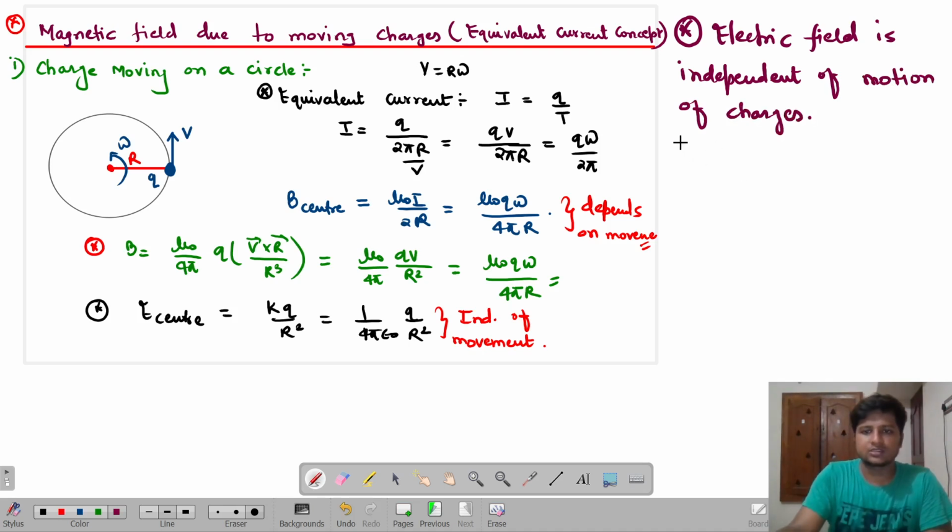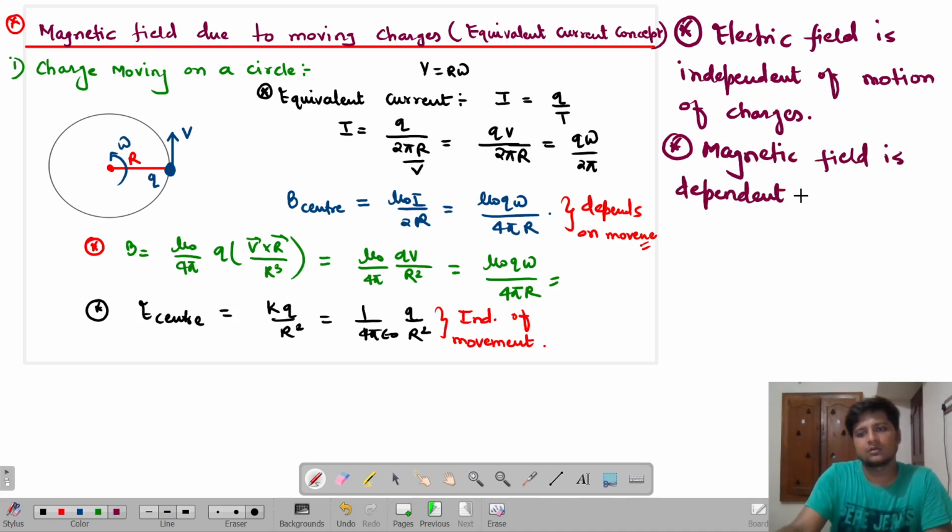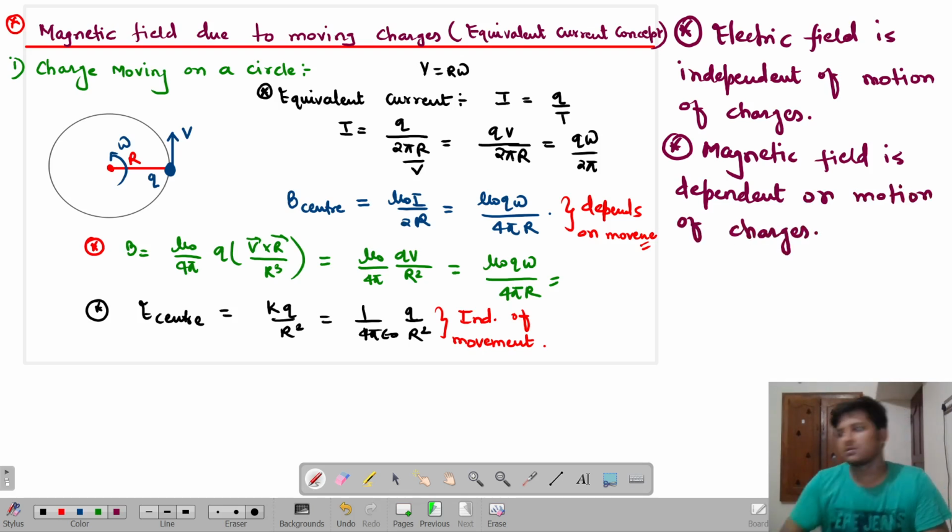While the magnetic field is dependent on motion of charges. Right or not? Write it fast.